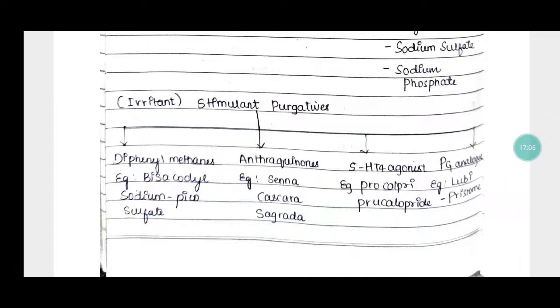Number 4, stimulant purgatives: diphenylmethanes, bisacodyl, sodium picosulfate, and anthraquinones: senna, cascara, sagrada. Number 5, 5-HT4 agonists, for example prucalopride and cisapride. And number 6, PG analogs, that is lubiprostone.